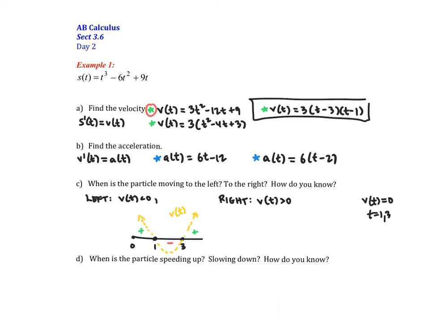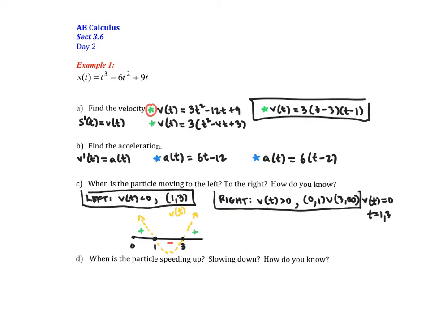Therefore, the particle would be moving to the left between 1 and 3, and the particle would be moving to the right between 0 and 1, as well as any value after 3. Okay, now I have a justification there. It says, how do you know? Well, the how do you know part is my justification with the sign value of v of t.